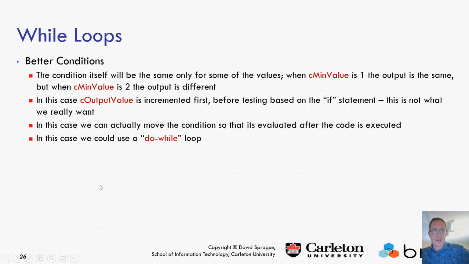So let me see here. The condition itself will be the same only for some values. When the min value is 1, the output is the same, but when min value is 2, the output is different. If I increment cOutputValue first, so plus plus cOutputValue, I might miss the first condition. I'll do one less time through the loop.